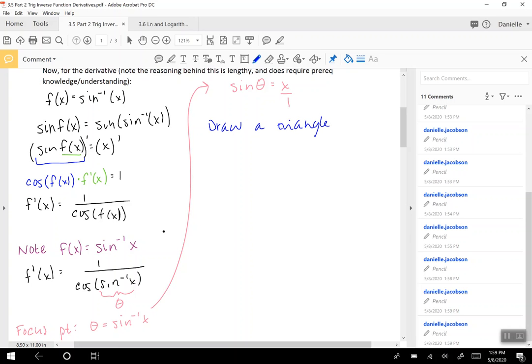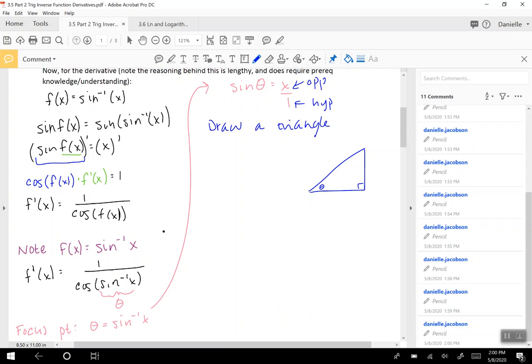Remember, sine, cosine, tangent are all involved in right triangle trigonometry, so they go with a right triangle. With sine, and this goes back to the prereq stuff I talked about at the beginning of the 3.3 notes, sine is equivalent to the opposite side of the triangle over the hypotenuse. So if I draw a triangle out, I have my theta angle measure.